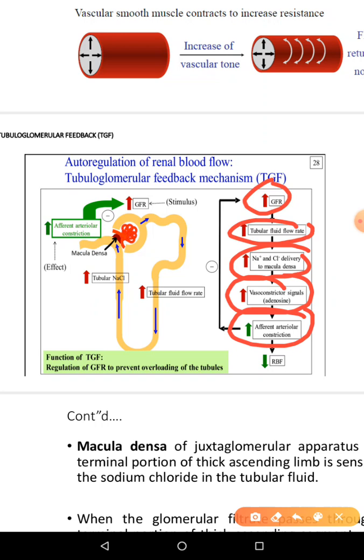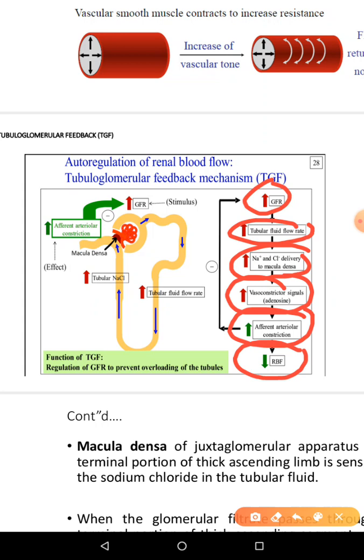When they constrict, it means resistance has increased, and when resistance has increased, blood flow reduces. So here, renal blood flow reduces. In this way, the kidney has controlled the amount of blood flowing to it. So this is called the tubuloglomerular feedback mechanism.